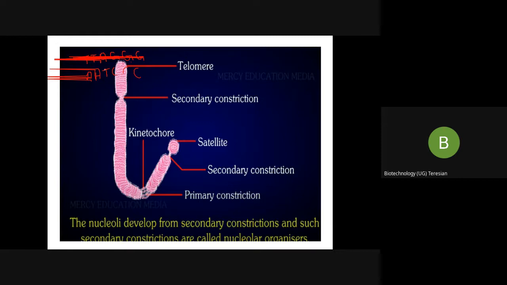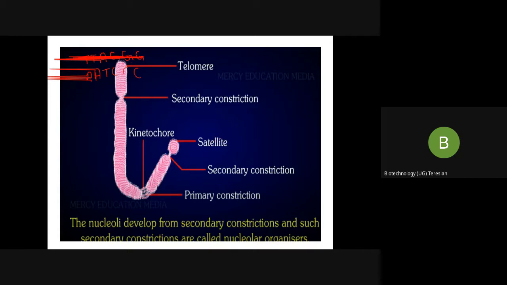So these satellite DNA are present in the centromere and the telomeres, and they are of short sequences, that is they consist of only 5 to 100 base pairs, which are different from that of the bulk DNA. And these satellites are also known by another term, minisatellites and microsatellites.